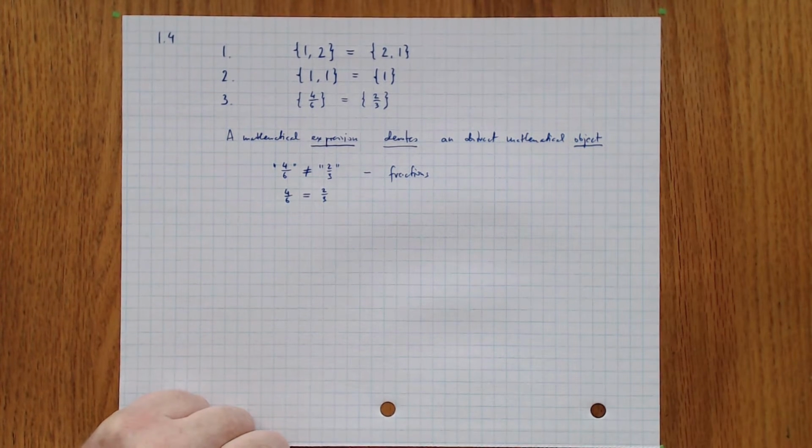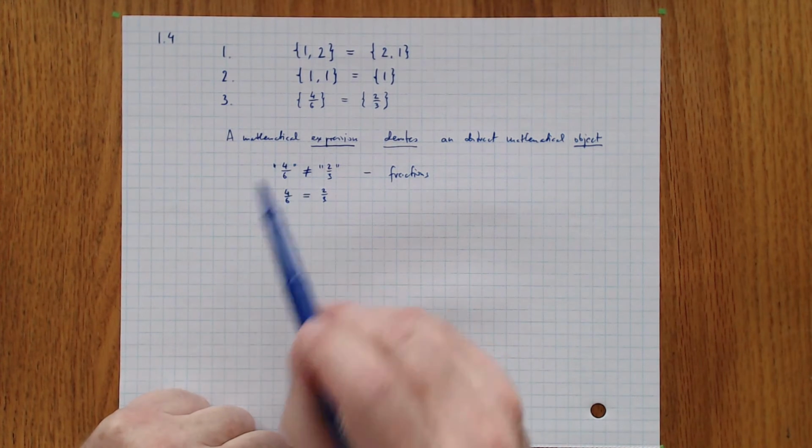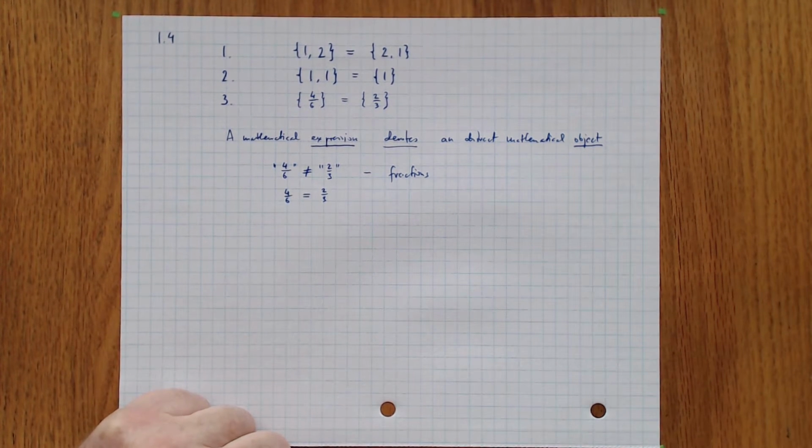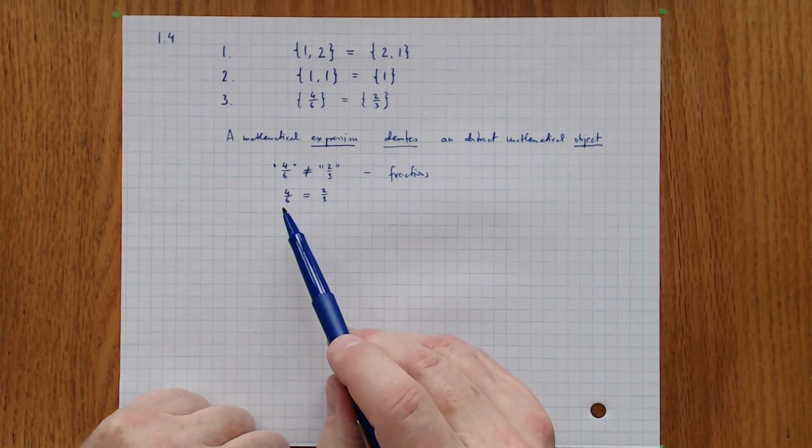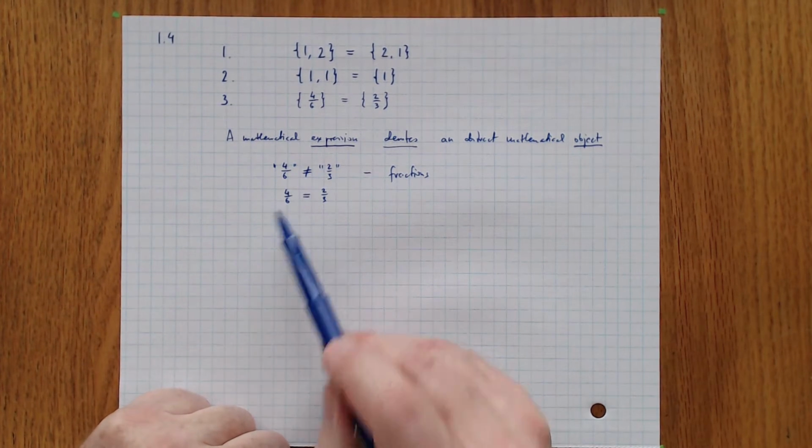Whenever I discuss expressions, I will put them in quotes. On the other hand, when I want to refer to the mathematical object denoted by an expression, I do not use quotes.